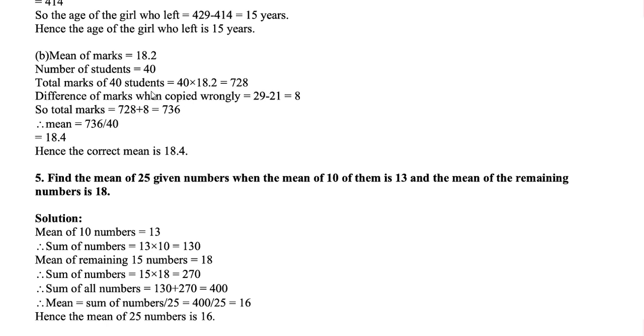So total marks will be 40 into 18.2, that comes to 728. Now the difference of the marks copied will be 29 minus 21, which is equal to 8. So total marks 728 plus 8 comes to 736. So the mean will be 736 divided by 40, that comes to 18.4. 18.4 will be the answer.